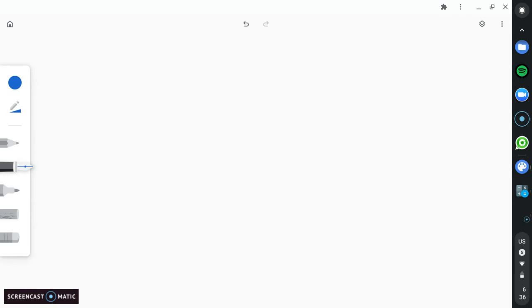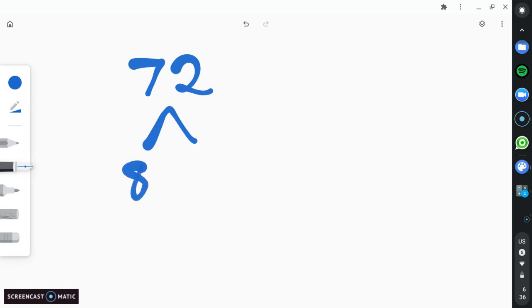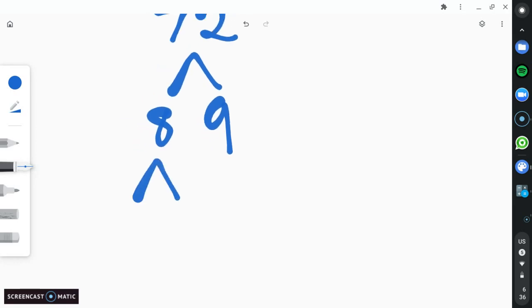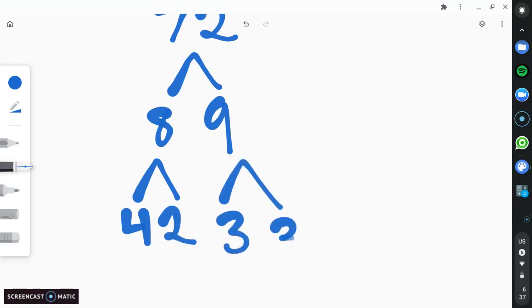That number on your sheet was 72. What two things can you multiply to get to 72? 8 times 9, maybe. What two things can you multiply to get to 8? Let's try 4 and 2. What two things can you multiply to get to 9? 3 and 3.